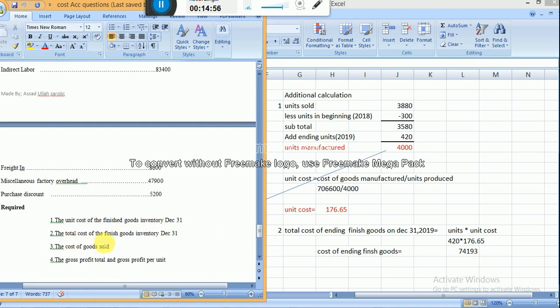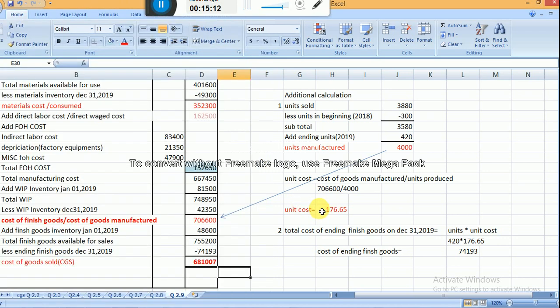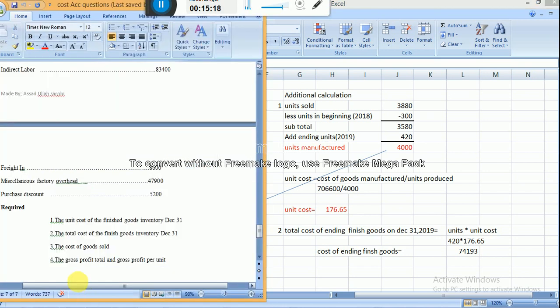Then the total cost of the finished goods inventory on December, the ending finished goods, is 74,193. And third, the cost of goods sold, which is 6,81,007. What is the fourth requirement? Gross profit in total and gross profit per unit.